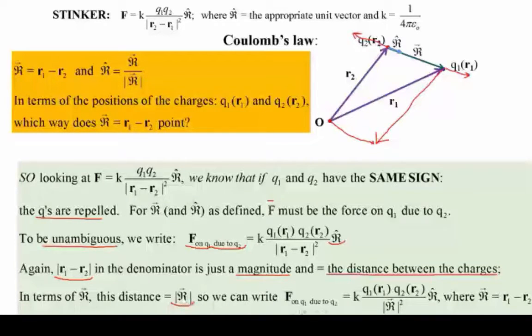And so we can write the force on q1 due to q2 as being k q1 q2 divided by the length of funny r squared times the unit vector funny r hat. So this quantity here, the vector r, just to beat it to death, is r1 minus r2.